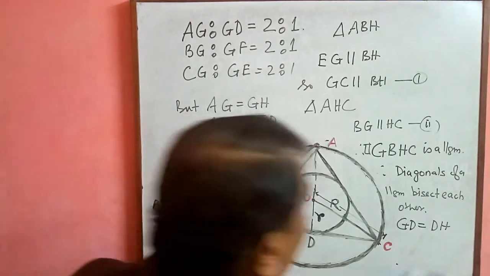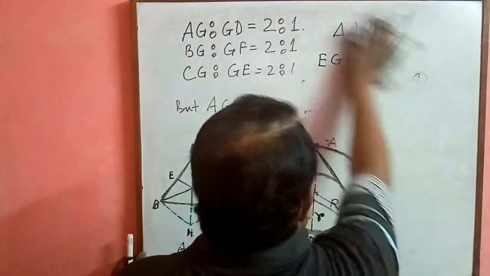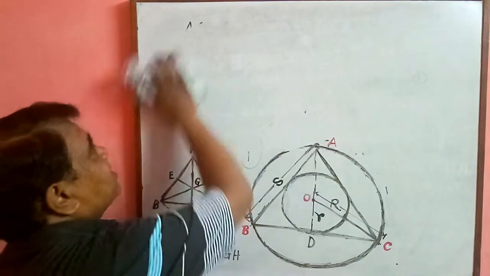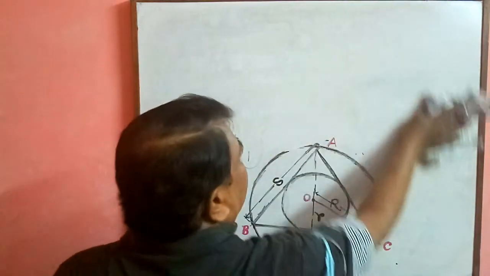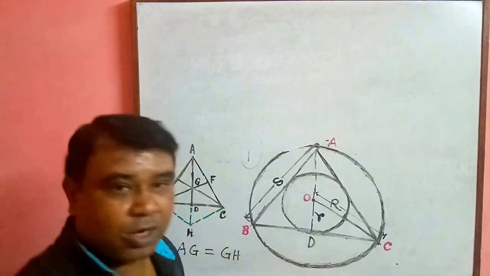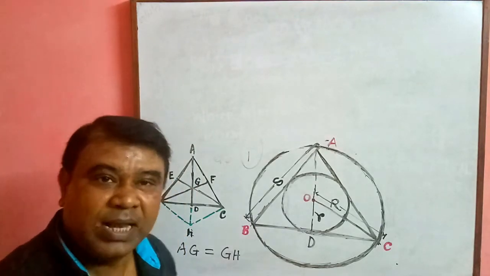That's what I told you earlier in my basic geometrical classes. And please do watch my videos of basic concepts of geometry, part 1 and part 2. It will help you boost your concept.